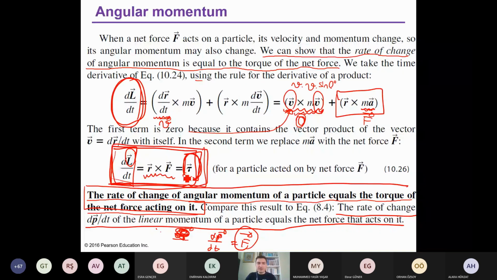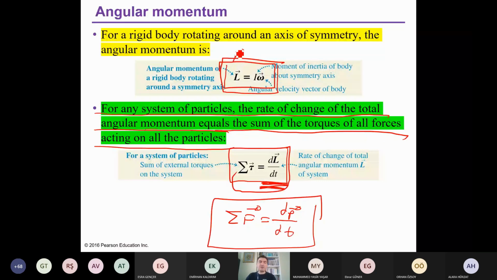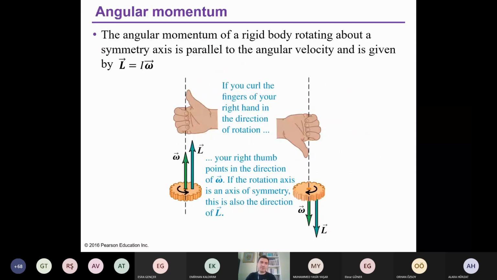So remember the previous chapters, the net force is given with this expression. Okay, it is similar. And remember the previous chapters, linear momentum is given with this expression. It is similar. So now let me continue with the relation between angular momentum and angular velocity.